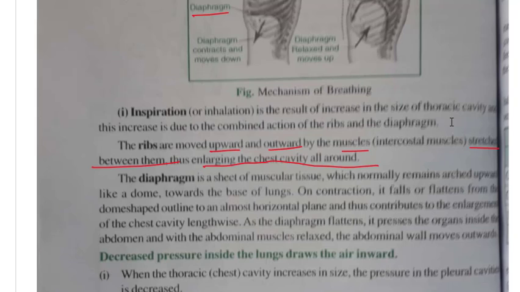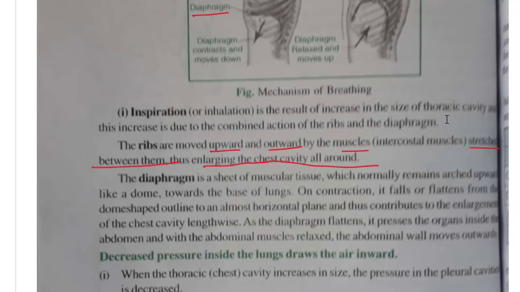As the diaphragm flattens, it presses the organs inside the abdomen, and with the abdominal muscles relaxed, the abdominal wall moves outward. So the diaphragm, you can see in the diagram, is this.